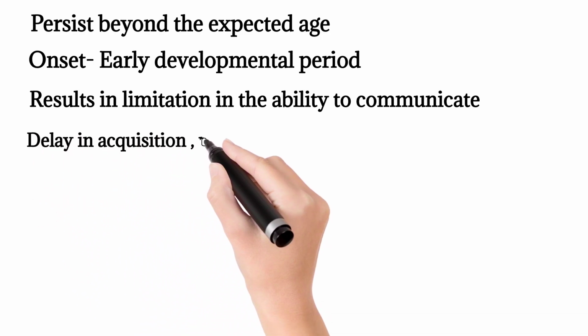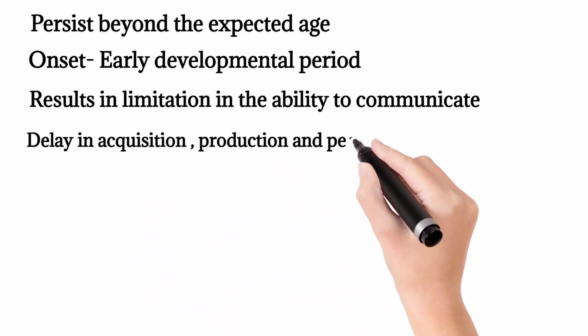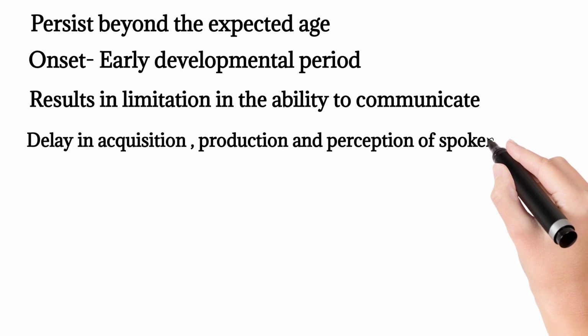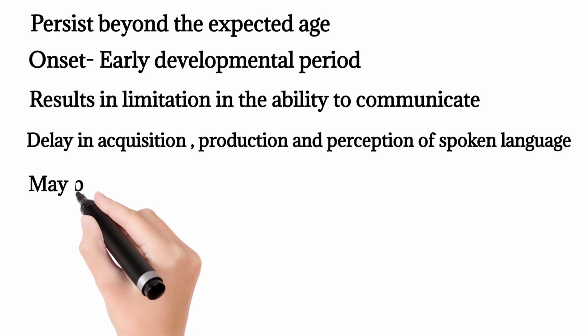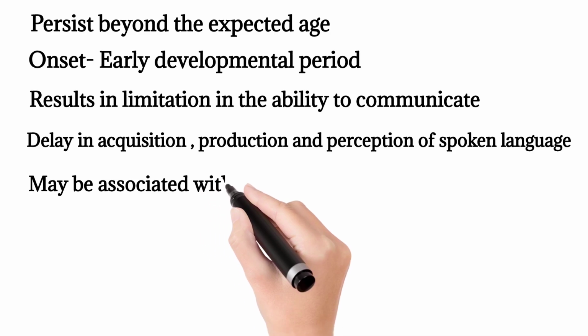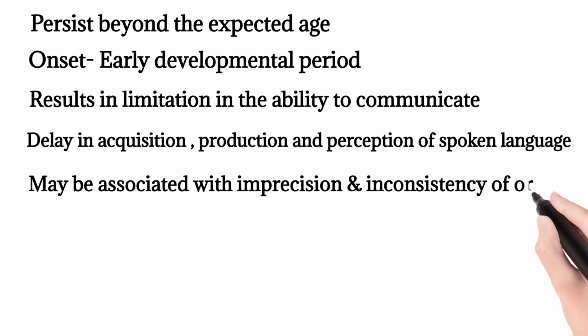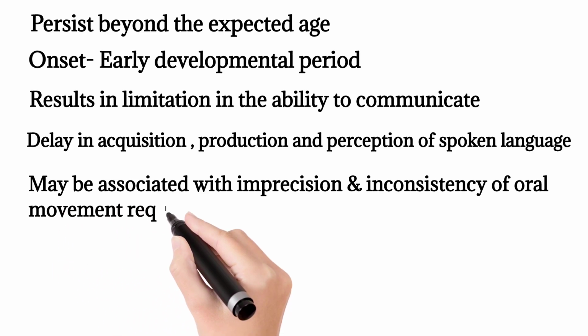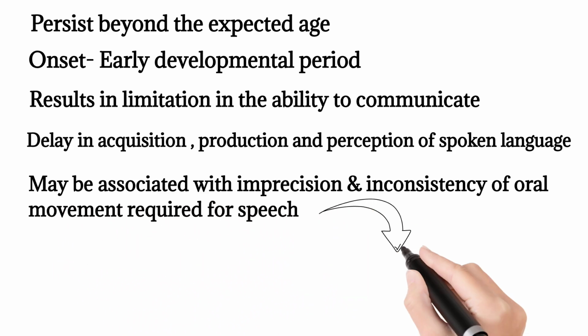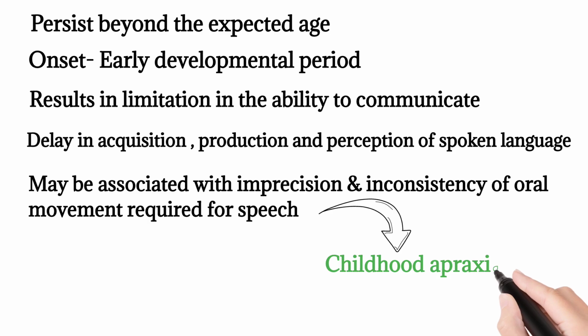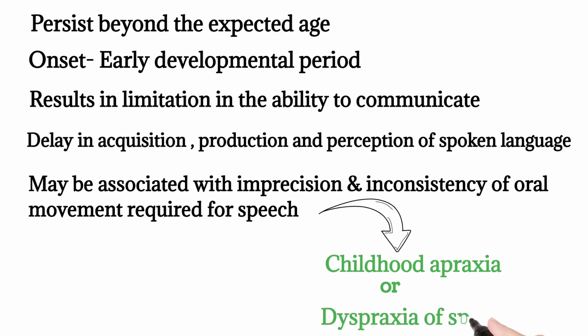Delays in the execution, production and perception of spoken language may also be exhibited, and it may be associated with the imprecision and inconsistency of oral movement required for speech, known as childhood apraxia or dyspraxia of speech, and it results in difficulties producing sequences of speech sounds and specific consonants and vowels.